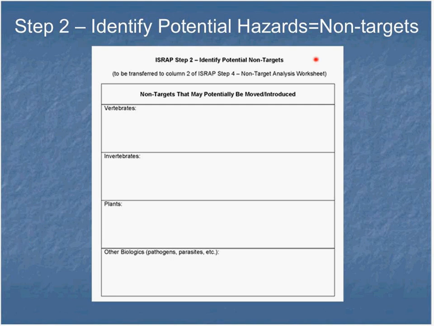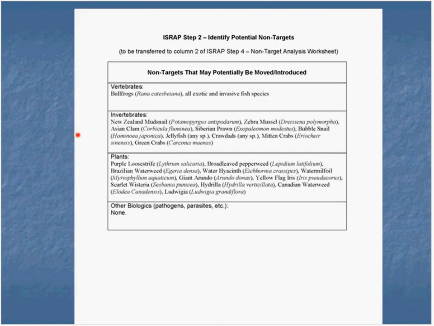So here's what Tricia came up with: frogs, New Zealand mud snails, purple loosestrife, and just put none for other biologics. Some other biologics that you might see in here are whirling disease, chytrid, and others.